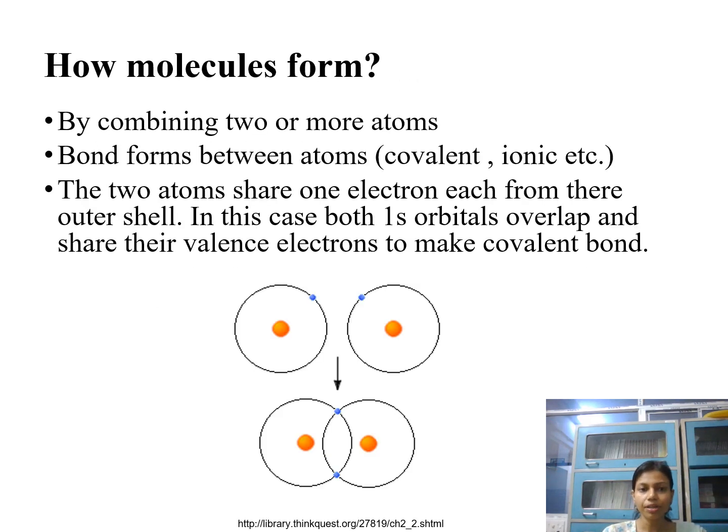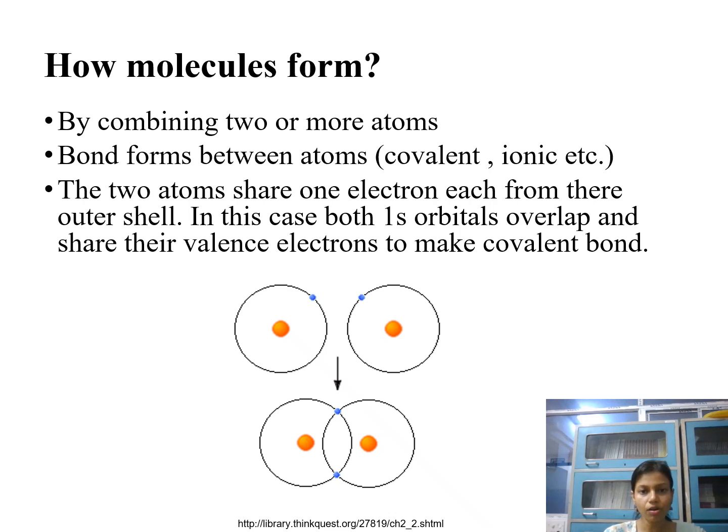Now, as we are talking about molecular orbital theory, it deals with molecules. So, how do molecules form? We know that two or more atoms, when they combine, form a molecule. Now, when they combine, what happens? A bond forms between the atoms. It can be covalent, ionic, or another type of bond.